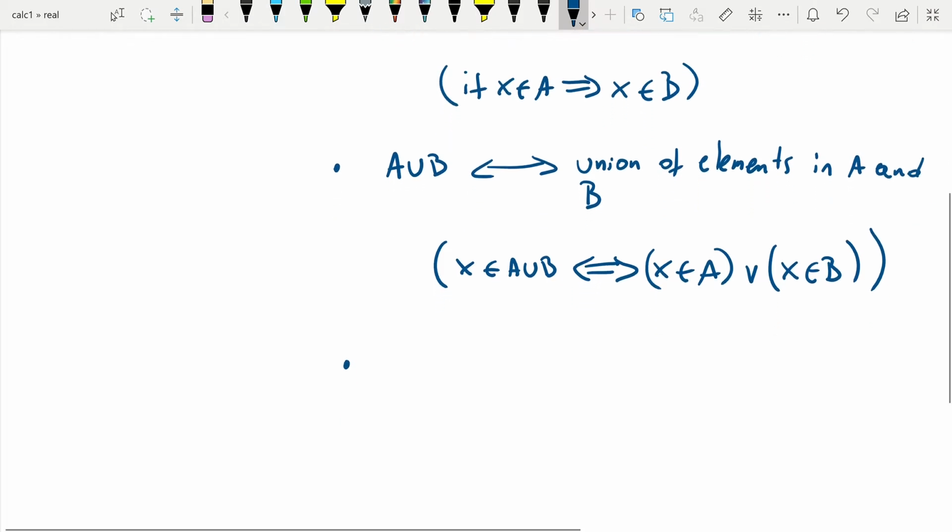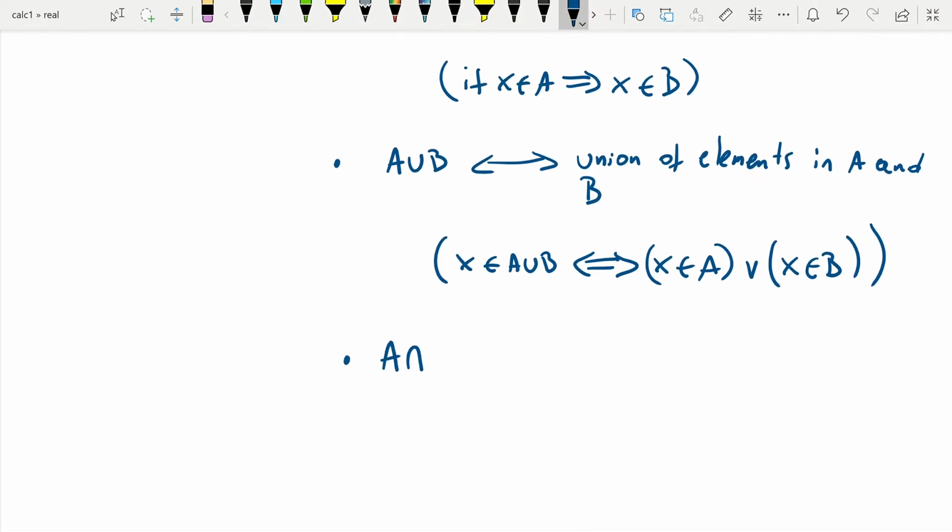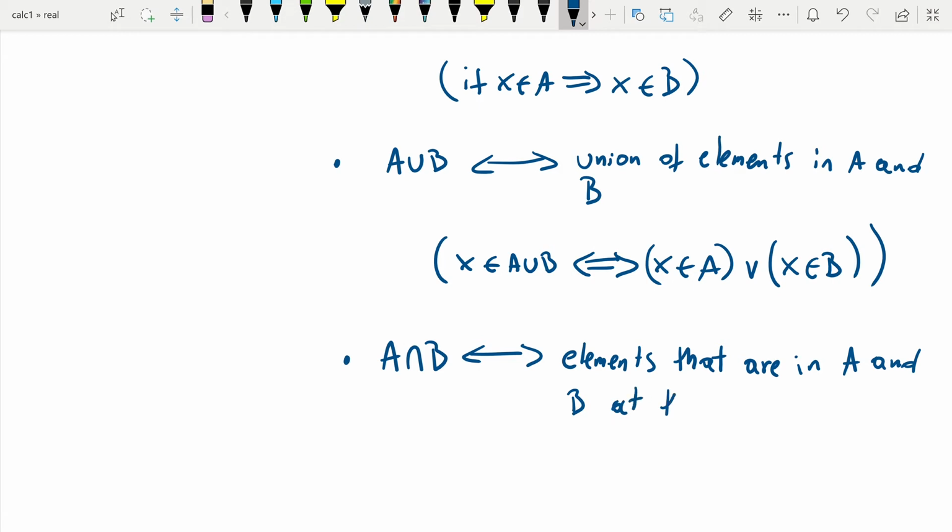Another notion that we need is the intersection, A intersect B. This corresponds to the elements that are in A and B at the same time.